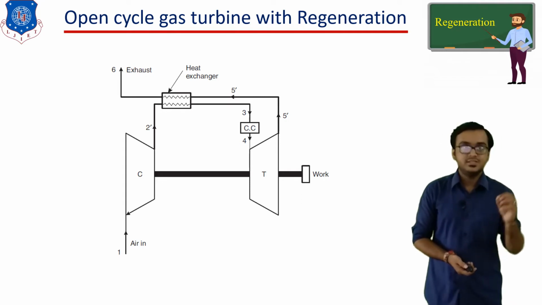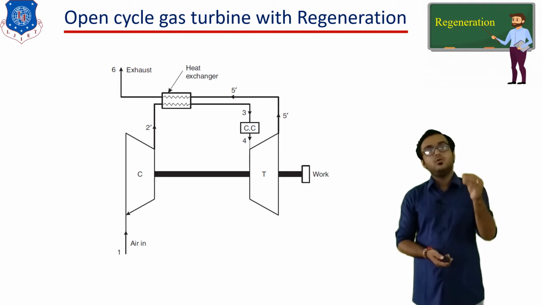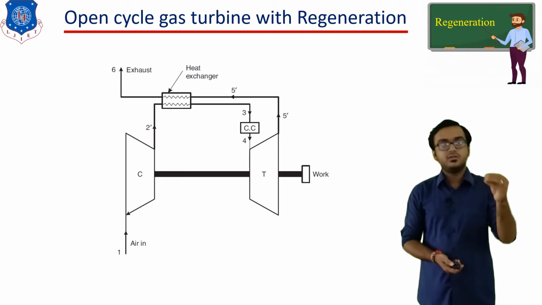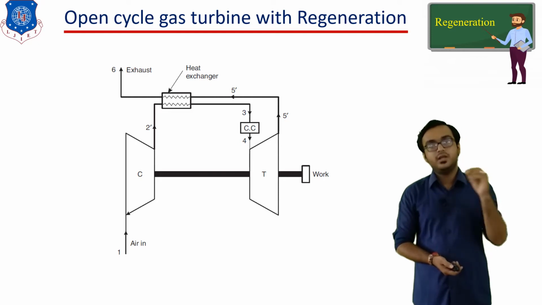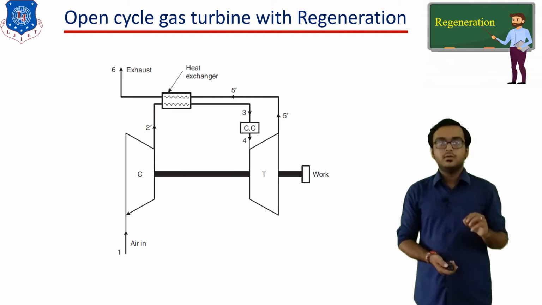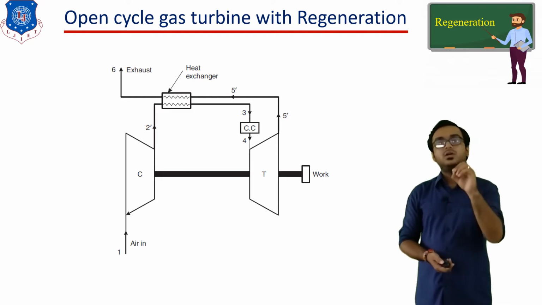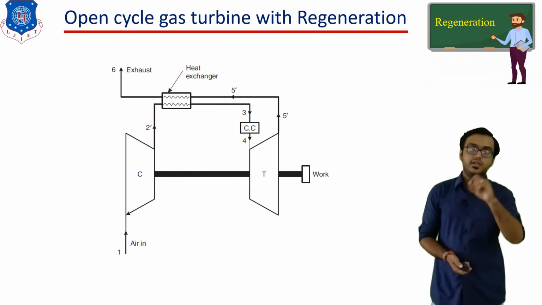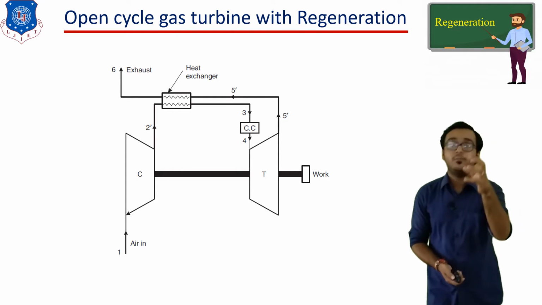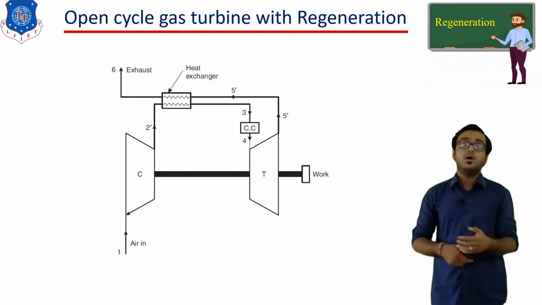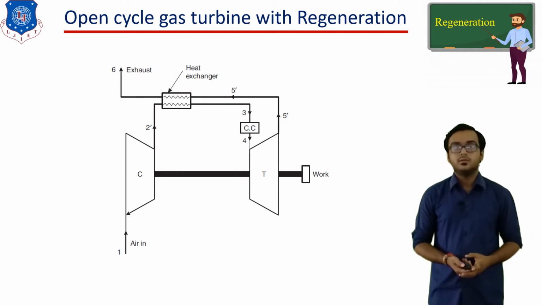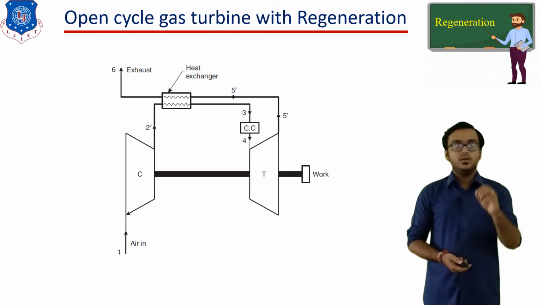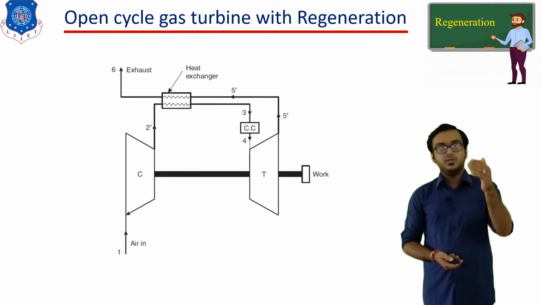Now this air is allowed to flow through the heat exchanger, and after the heat exchanger, at point 3, the air is allowed to flow to the combustion chamber. Now notice one thing carefully. At point 3 the temperature is higher compared to the temperature at point 2. How? Just wait a few minutes, I will explain this. But now let me continue with the flow.